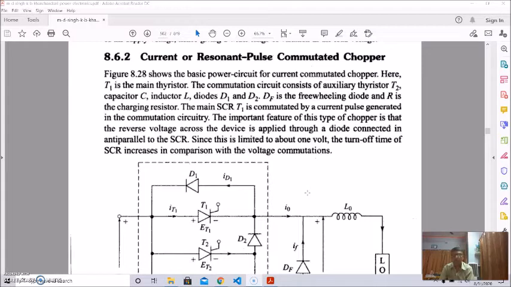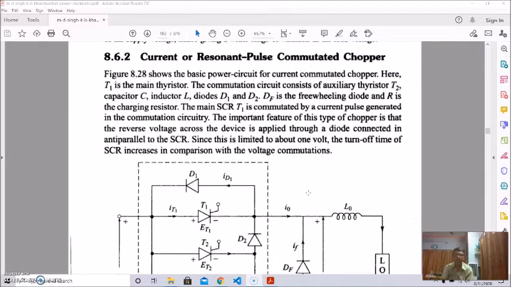In our last class of power electronics and drives, we discussed voltage commutated choppers. Since we started the class with different methods of commutation of choppers, there we discussed force commutation and load commutation. Force commutation covers voltage commutated choppers and current commutated choppers.